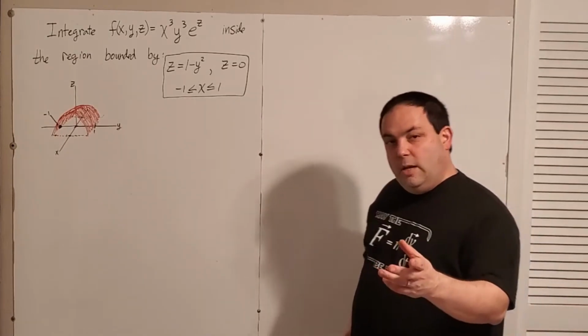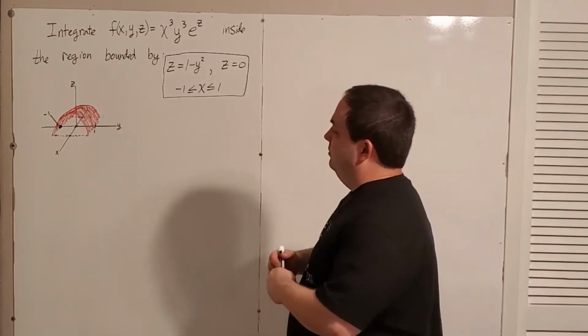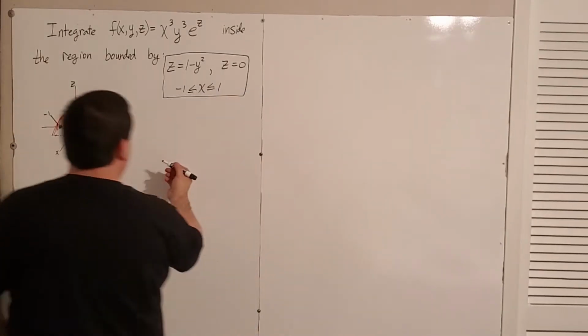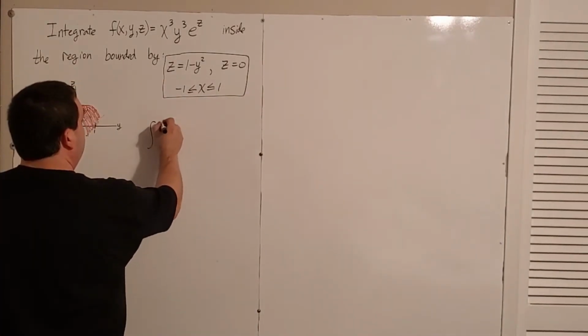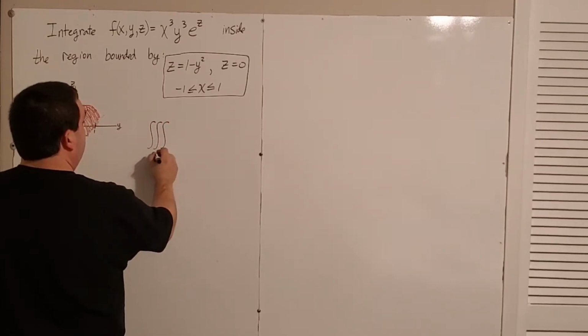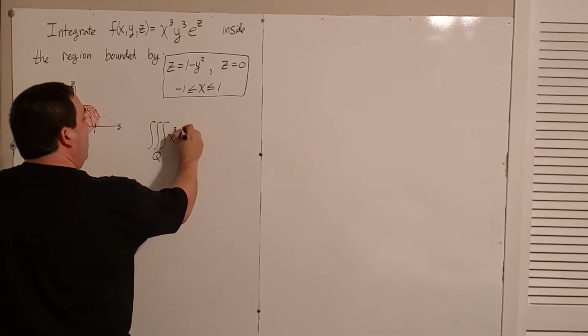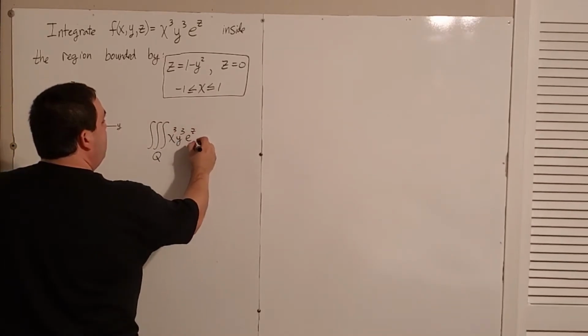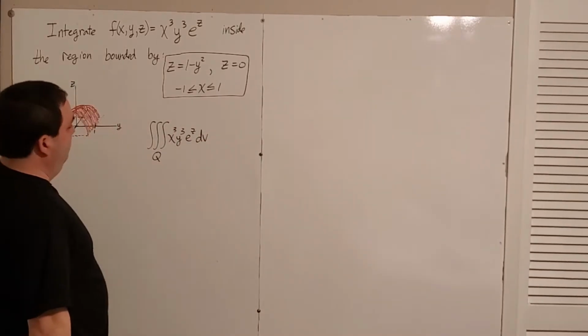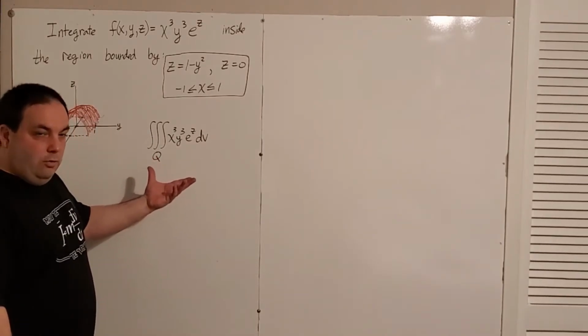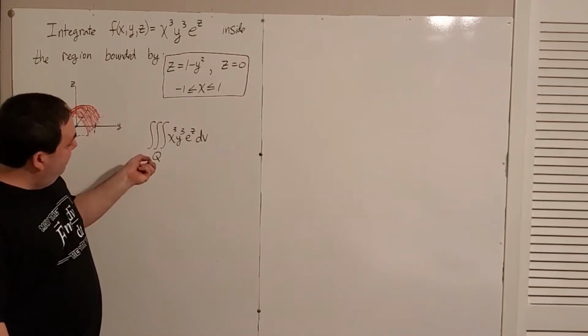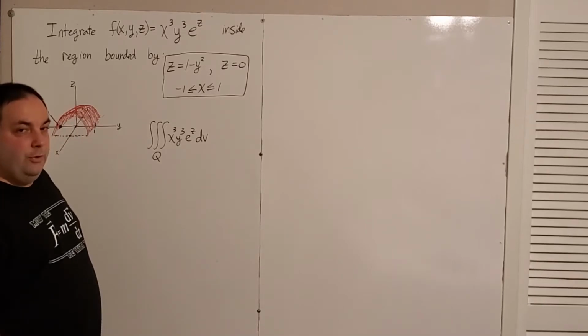Let's set up our triple integral over Q, x cubed, y cubed, e to the z dV. So I'm doing my triple integral, summing up all the values of that function inside of this region of Q.